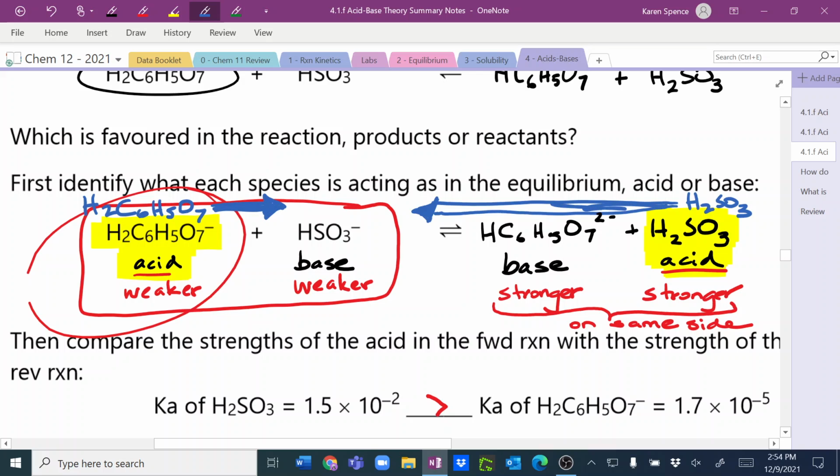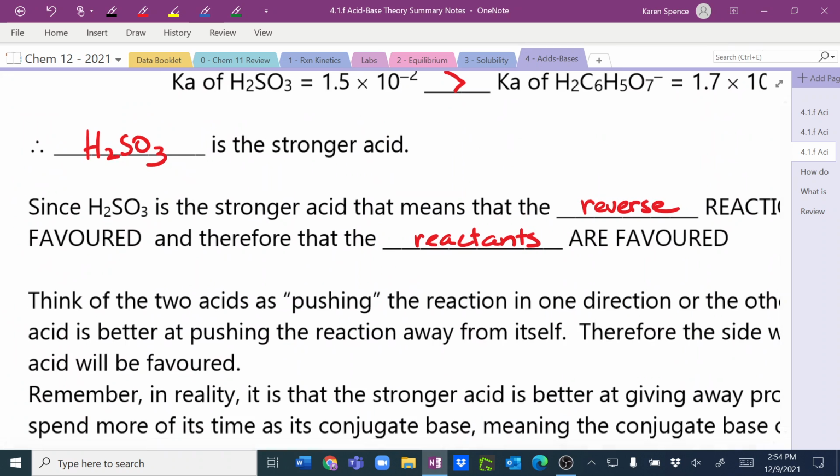So if we're pushing harder to the reactants because this one is stronger, then the reactants will be favored. So that's another way you can think about it to remember. Okay? All right.